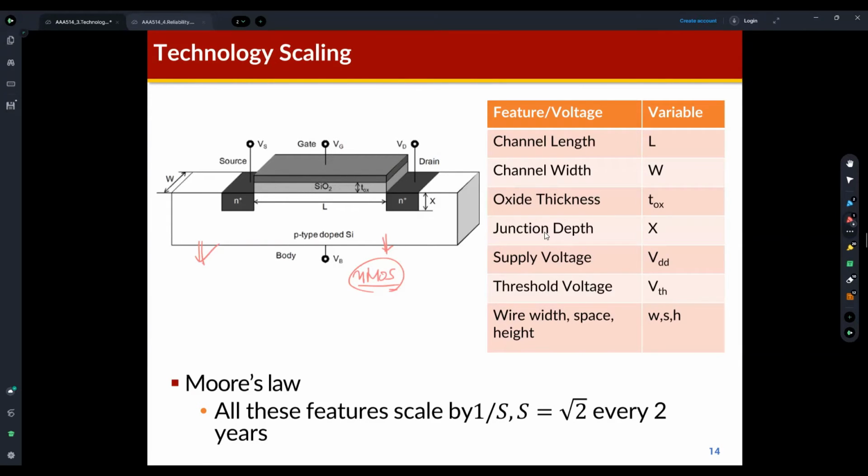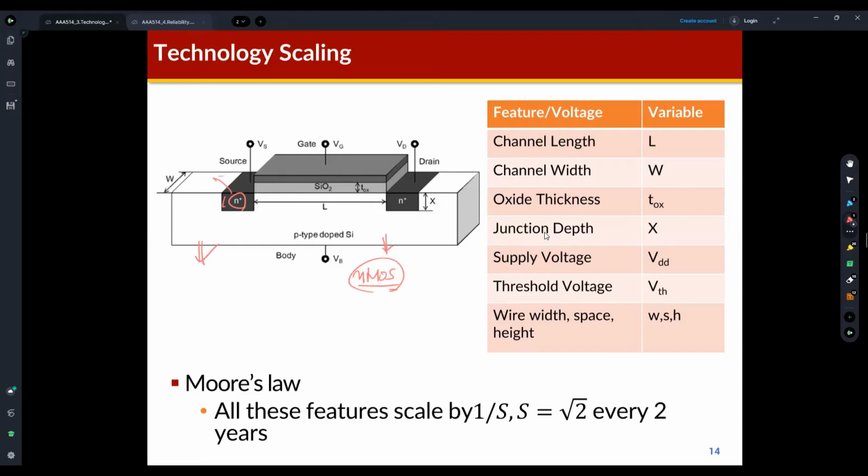If we look at this NMOS structure, NMOS has the p-type substrate, which is the base. Over this p-type substrate, we dope the source part and the drain part with n-type semiconductor, so it has different characteristics.